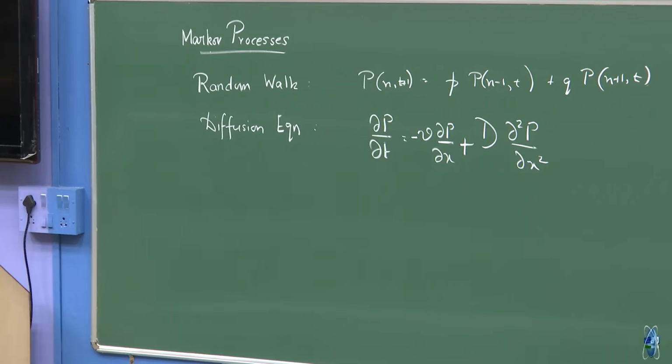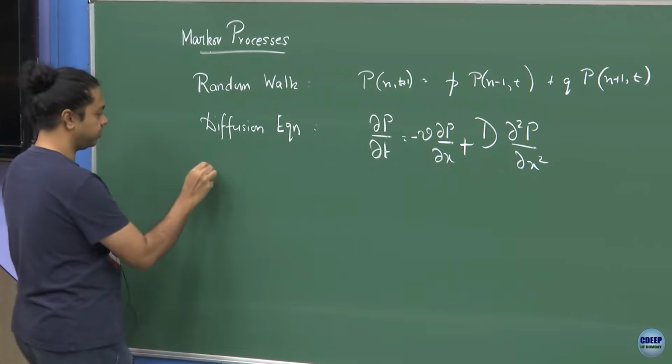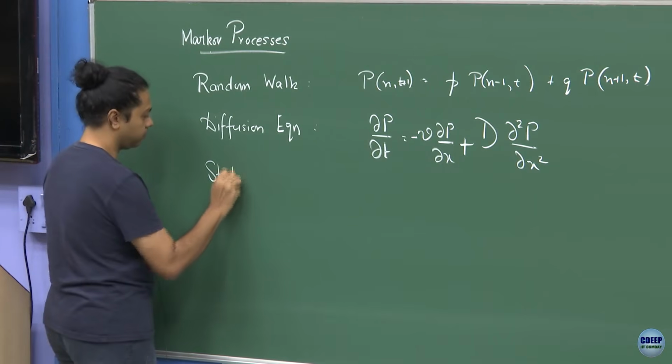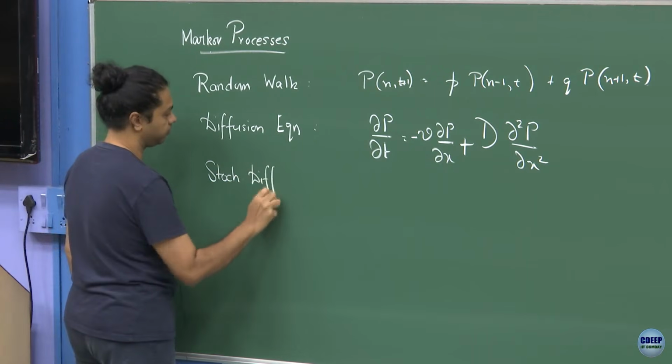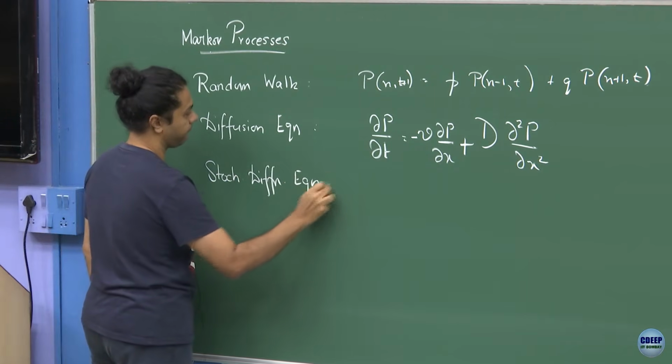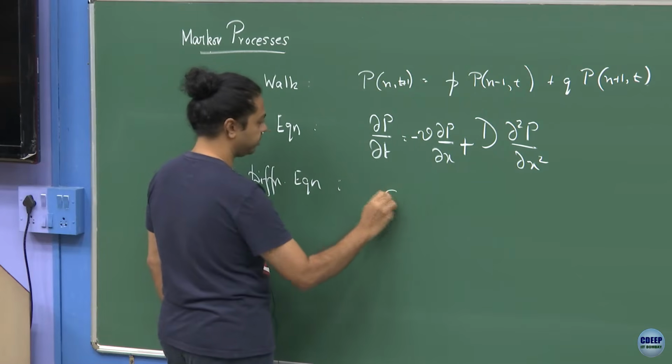And then we did the stochastic differential equation form of that, which tells me about the trajectories.